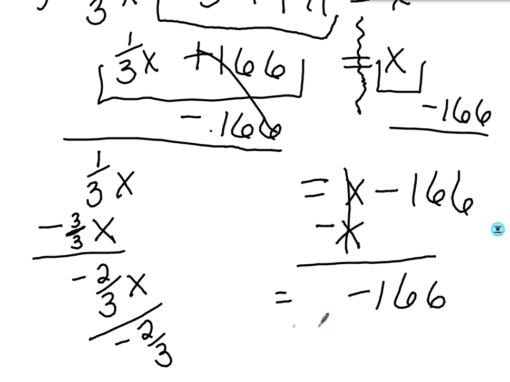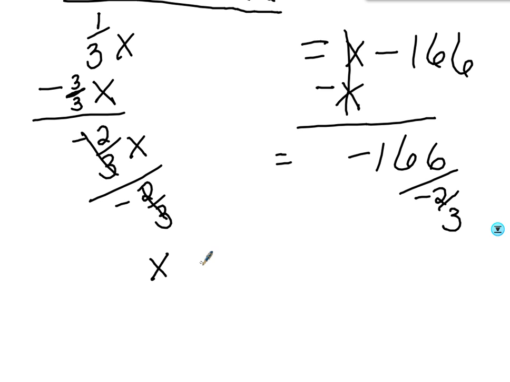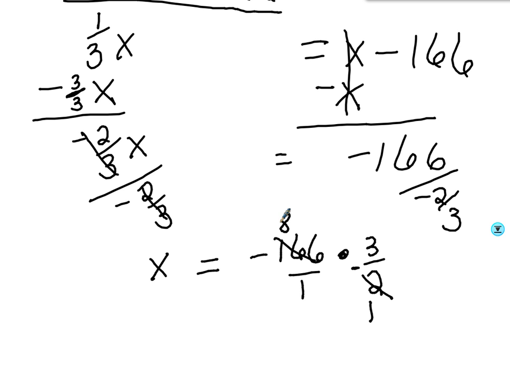Oh, we have to divide by a fraction again. Remember, to divide by a fraction, you multiply by its reciprocal. Multiply by negative 3 over 2. Put this over 1. Okay, look. I'm going to do this little magic trick that my 6th grade teacher taught me. 1, 83.